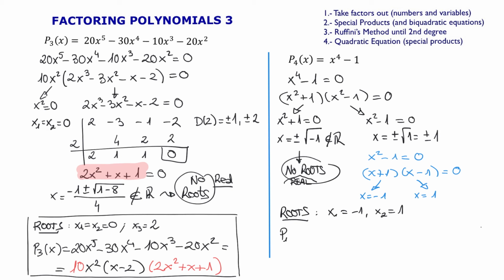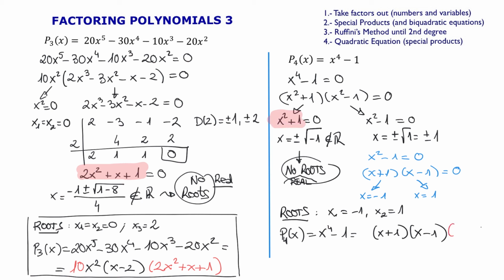When I do the decomposition of x to the 4th power minus 1, and I consider its roots, I have x plus 1 times x minus 1. But this product is a 2nd-degree polynomial, not a 4th-degree polynomial. And this is because we are missing the polynomial with no roots.